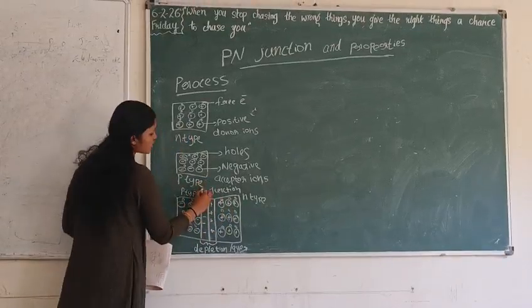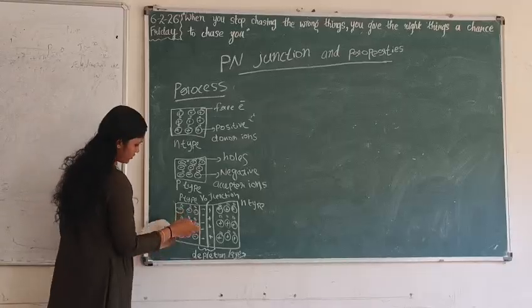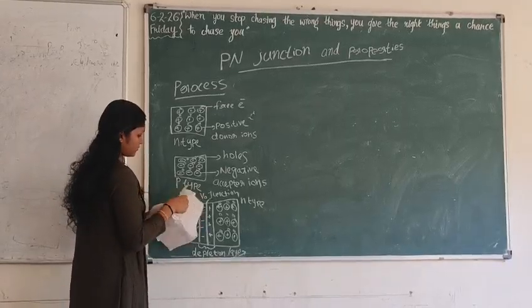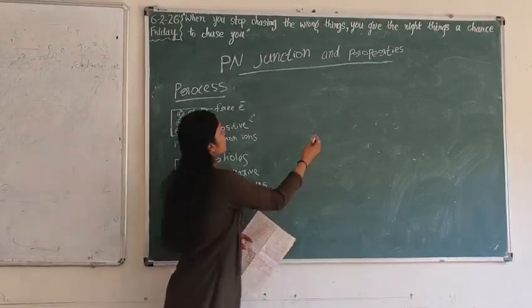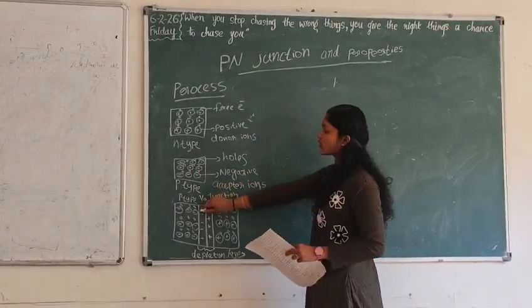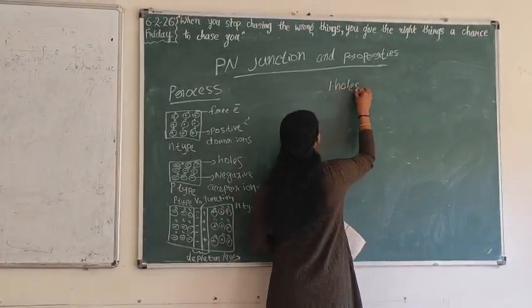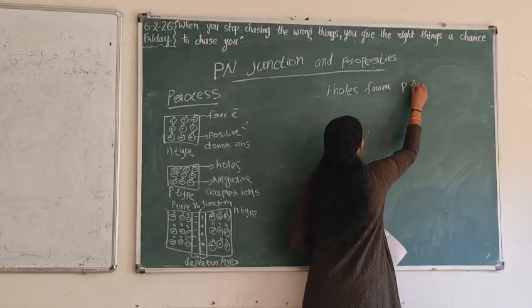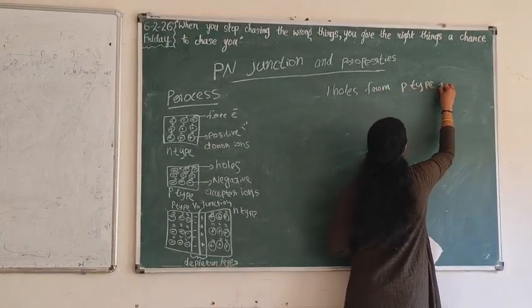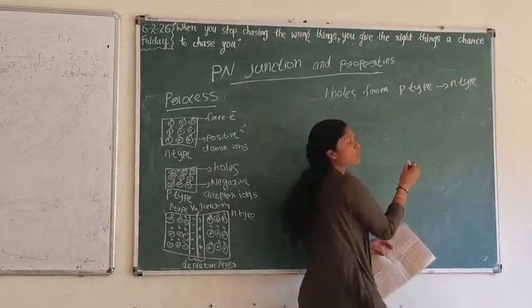Here there is a potential barrier, that is V0. In this process, the holes from the P-type diffuse into the N-type, and they combine with the free electrons.